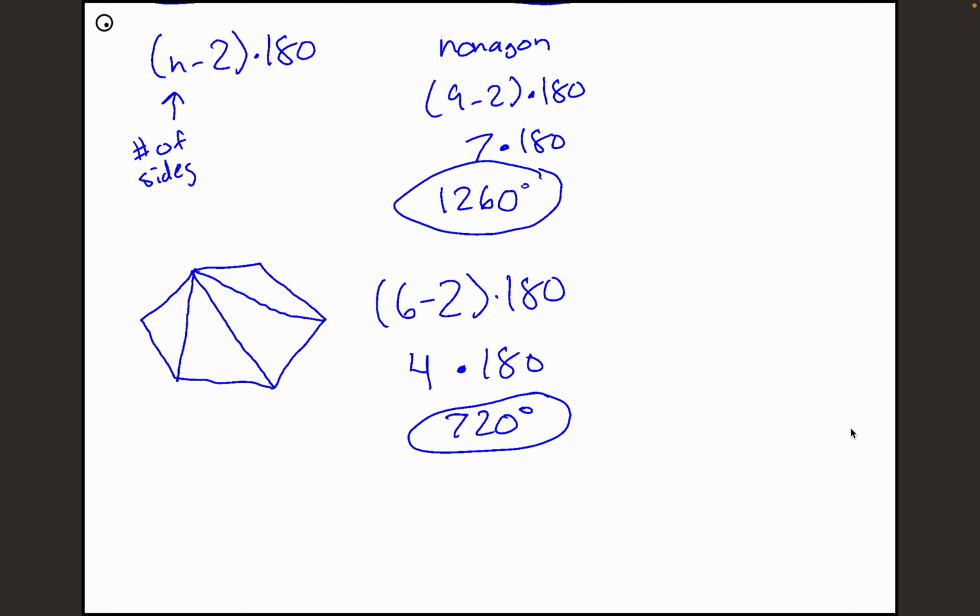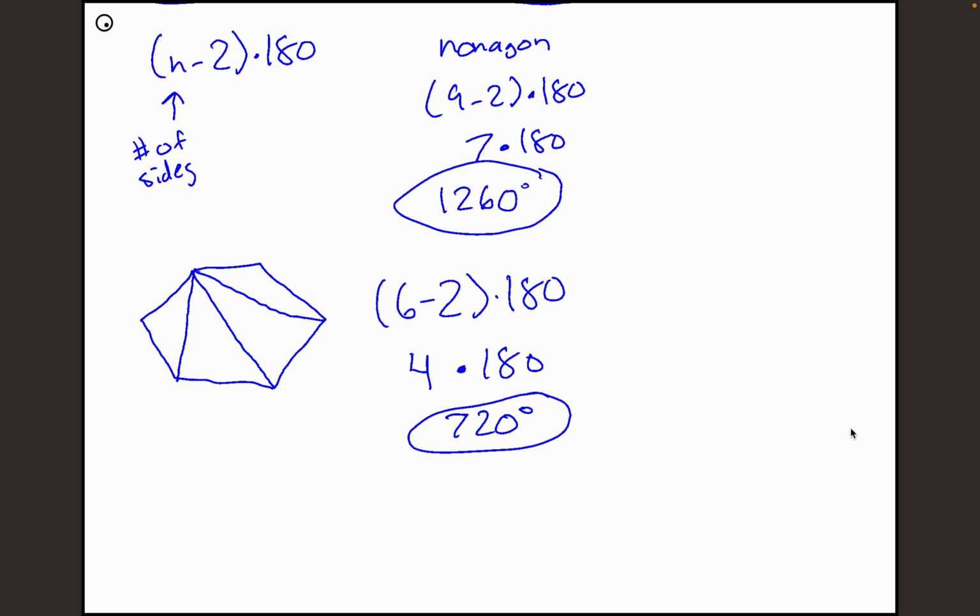Okay? So, if you have questions that ask, how many triangles are in a hexagon? That's just n minus 2. And how many sides is a hexagon? 6. So if it asks how many triangles, your answer is just 4, because you just subtract 2. If it asks how many diagonals are in a shape, it's the same thing.